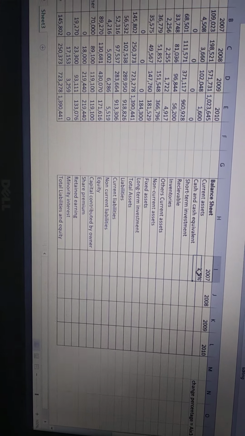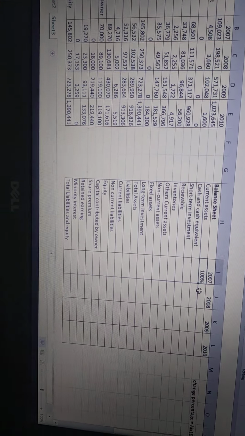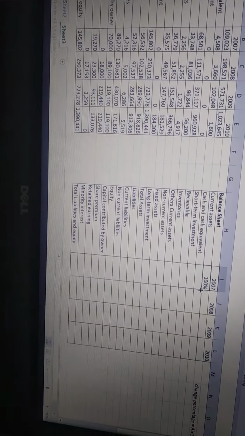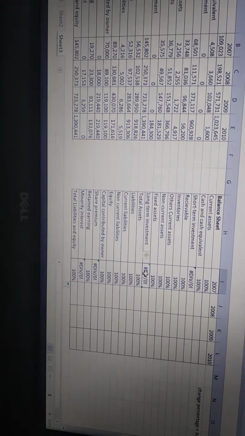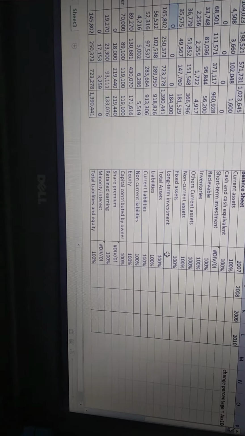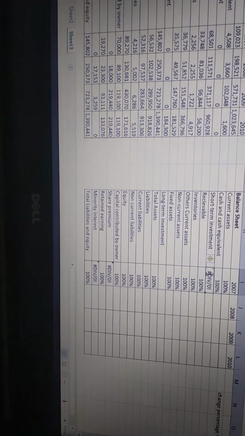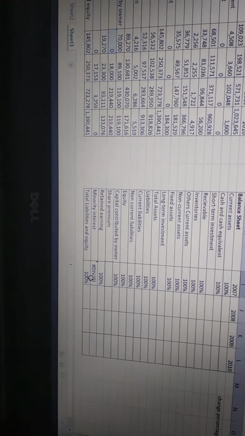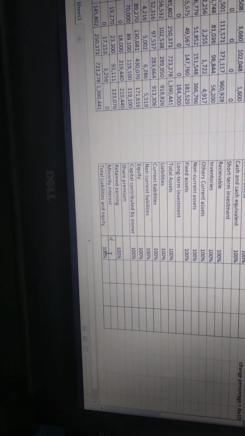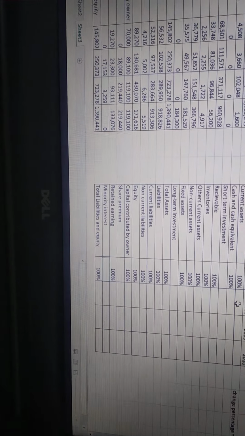Okay, and for 2007, we do the same for the following items, right? For this item, because the value is 0, the denominator is 0, so we got the error number here, so we just delete this. Okay, that's it, right?